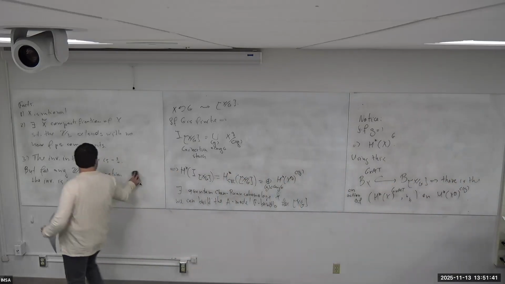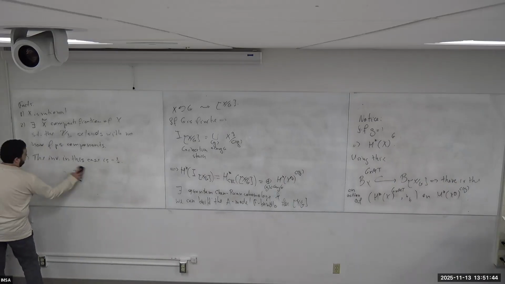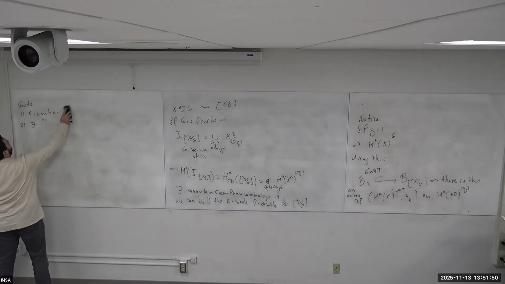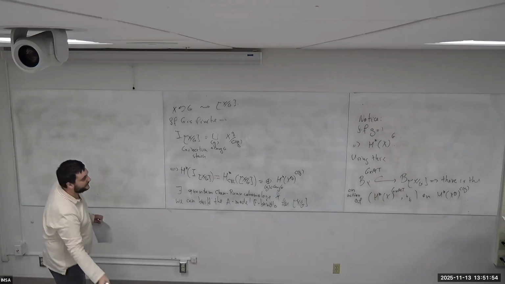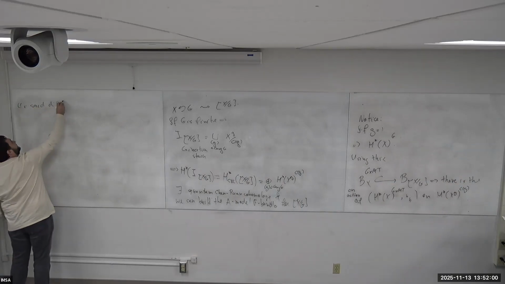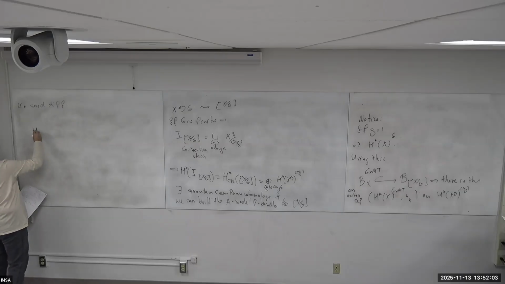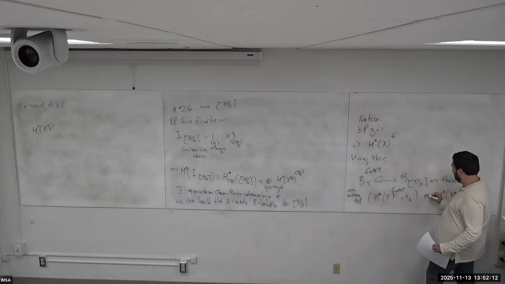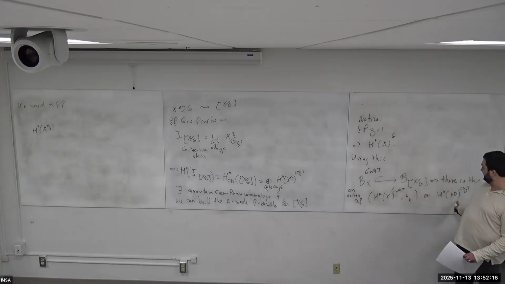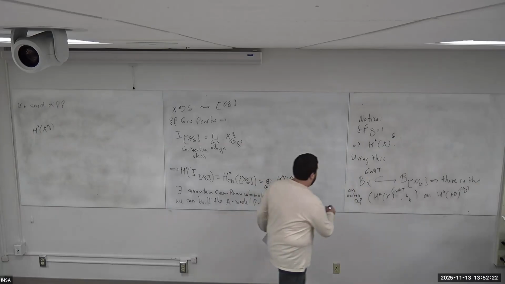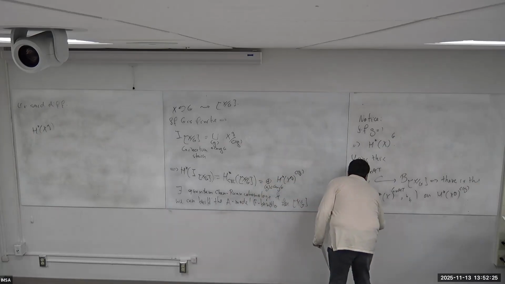Or in other words, said differently, when you look at the cohomology of each fixed point set for a choice of representative, there is an action of this on here, for each conjugacy class.